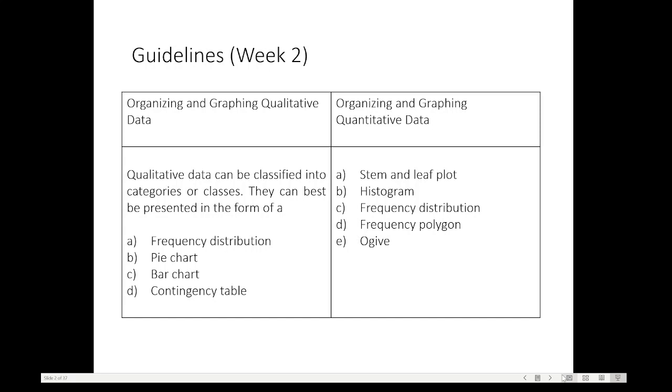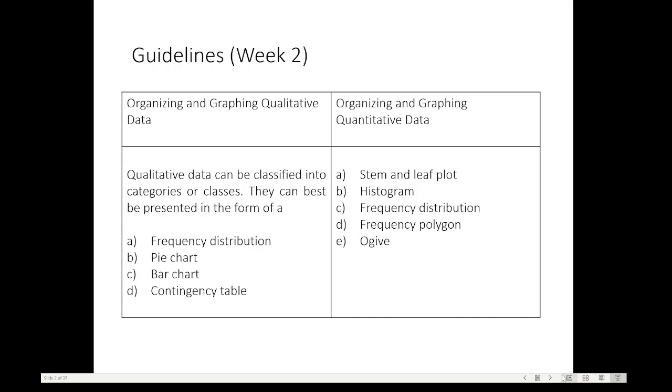Qualitative data can be classified into categories or classes. So in this situation, you know that before this, when we talk about qualitative variables, it involves variables that can take answers or responses in terms of an attribute or a category.